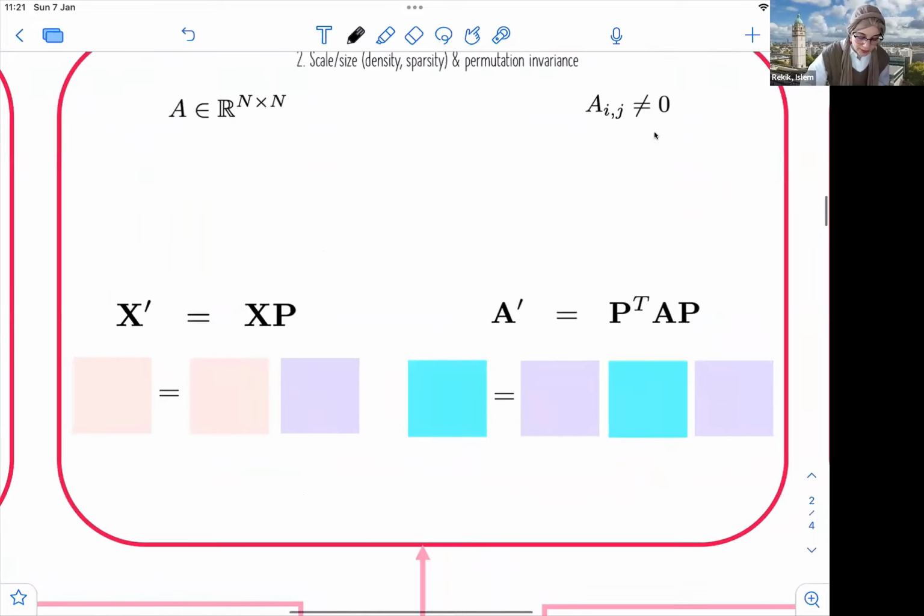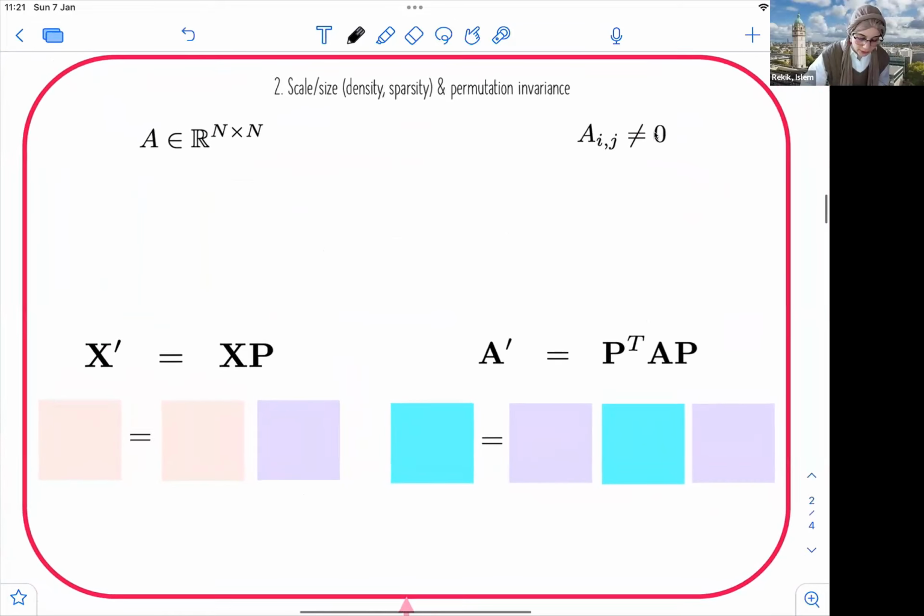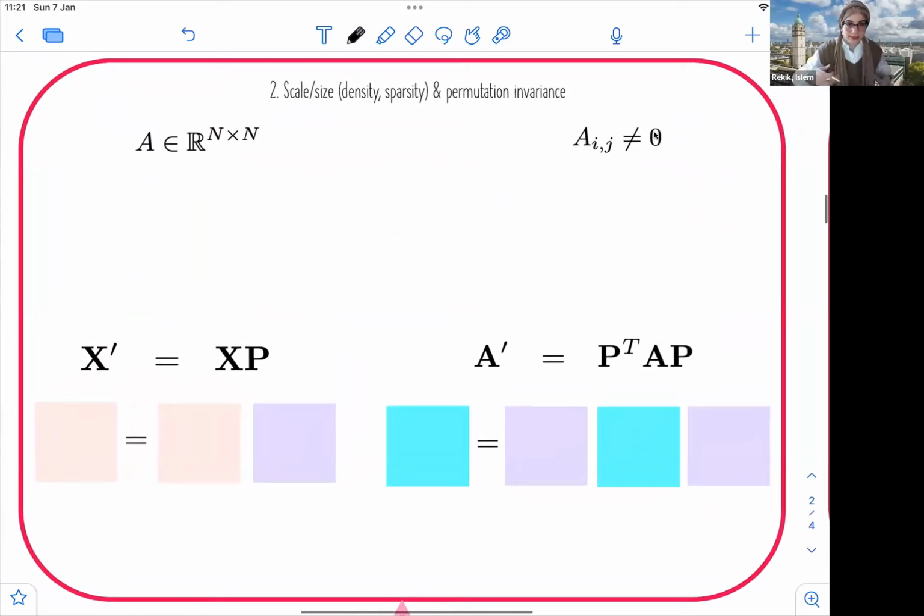Now let's move to the second property. There are two things I want to present here. The first thing is the scale or the size of the graph, the concept of density and sparsity. And the second concept is permutation invariance, which is a very important property of a graph.